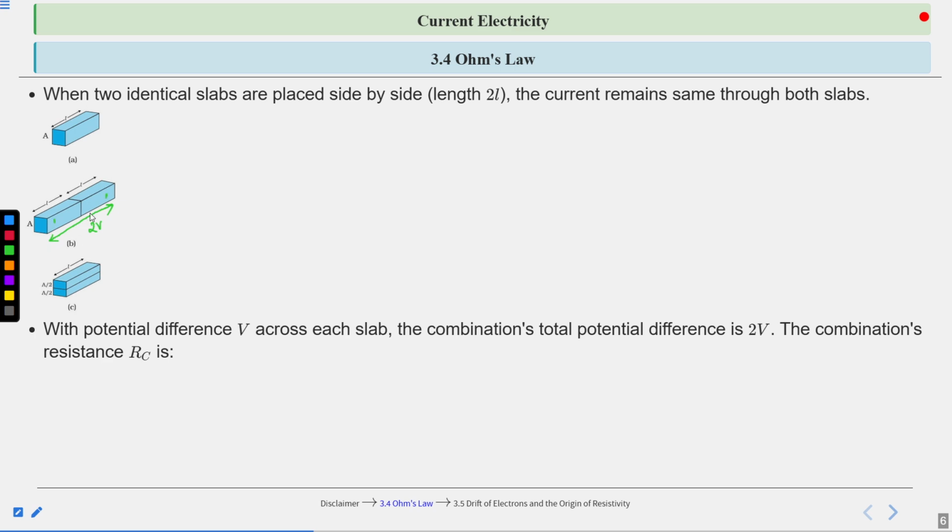So the total potential difference across both these slabs is 2V. Got it? So with potential difference V across each slab, the combination's total potential difference is 2V.